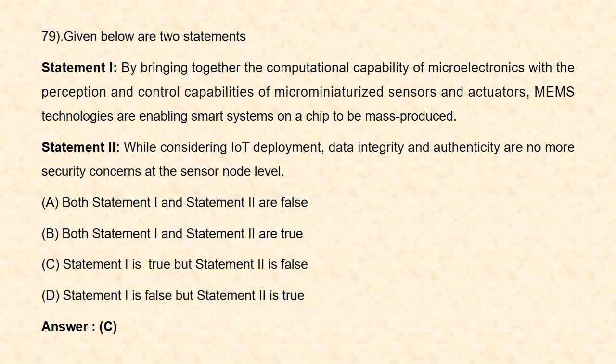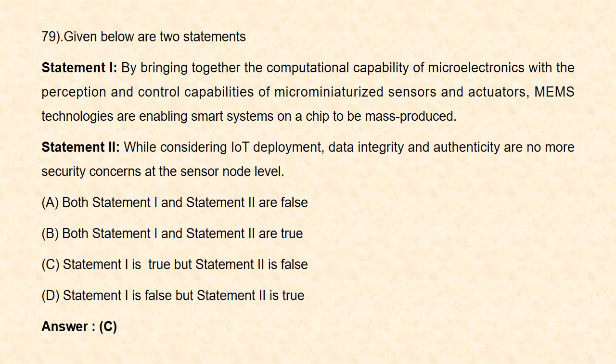Next question. Given below are two statements. Statement 1: By bringing together the computational capability of microelectronics with the perception and control capabilities of miniaturized sensors and actuators, MEMS technologies are enabling smart systems on a chip to be mass produced. So this statement is absolutely correct.